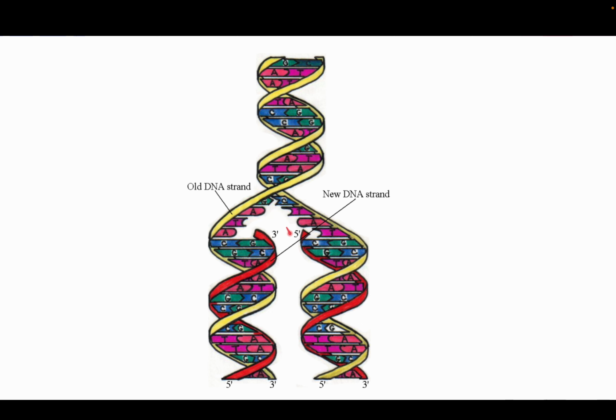The hydrogen bonds between the original nucleic acid bases are dissolved, and the old strand, or the parent strand, serves as a template for the synthesis of a new DNA strand. Think of it this way: the daughter cells will receive half of their genetic material originally from the parent, and the other half as newly synthesized.